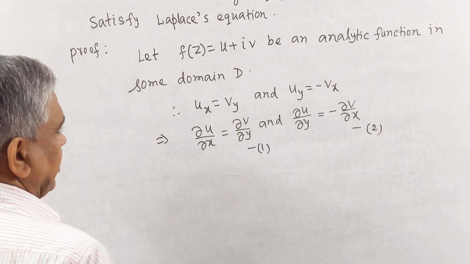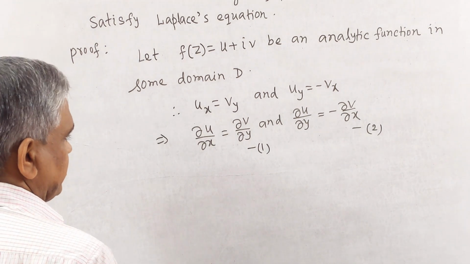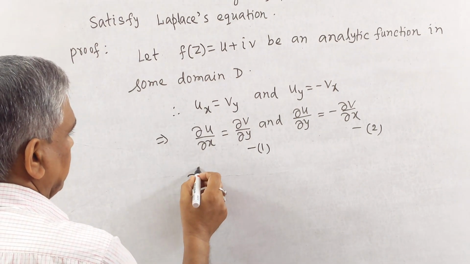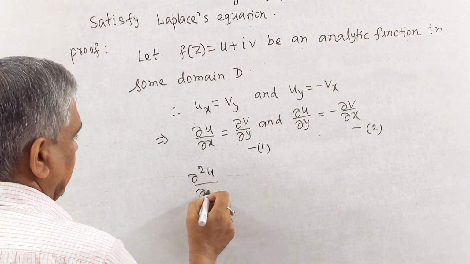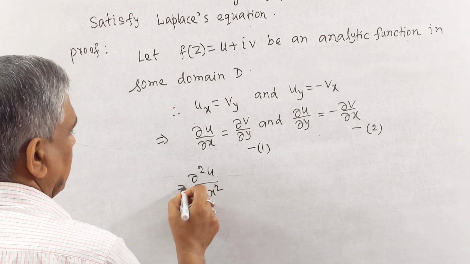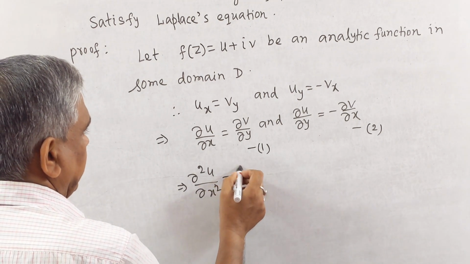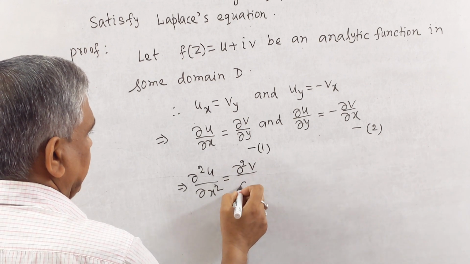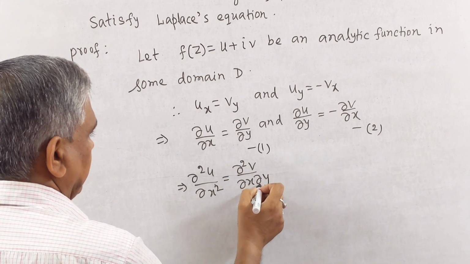Differentiating 1 with respect to x partially, ∂²u/∂x² = ∂²v/∂x∂y.